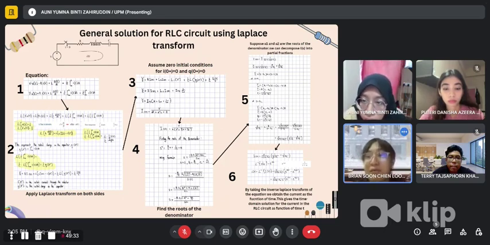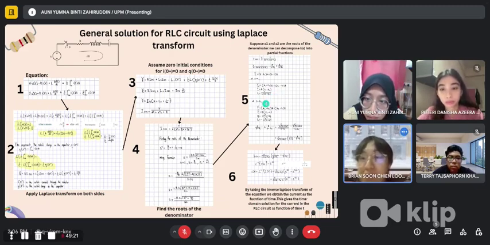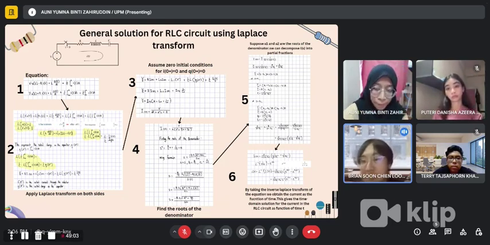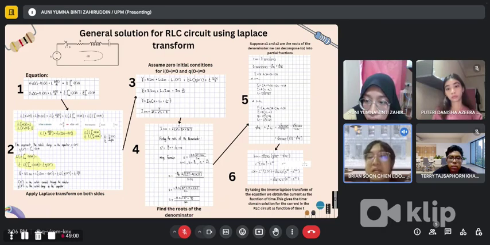And we just use both roots. At s equals a1, we substitute in, we get A equals V over L(a1 minus a2). And at s equals a2, we get B equals negative V over L(a1 minus a2). And we just substitute it in, and we get V over L(a1 minus a2) times [1 over (s minus a1) minus 1 over (s minus a2)].